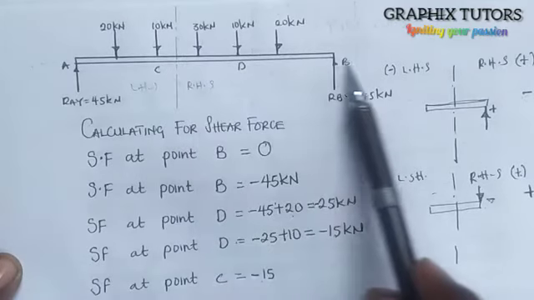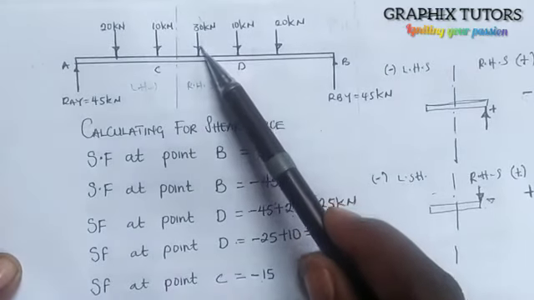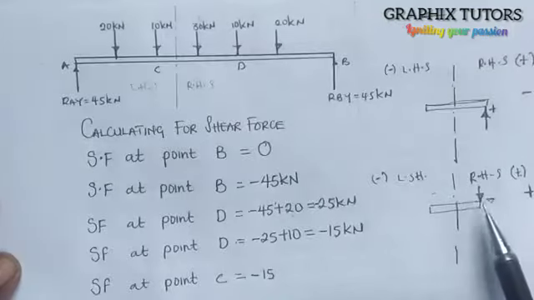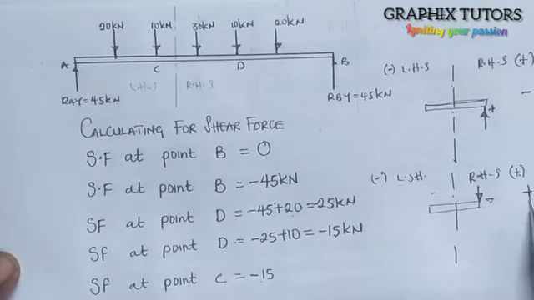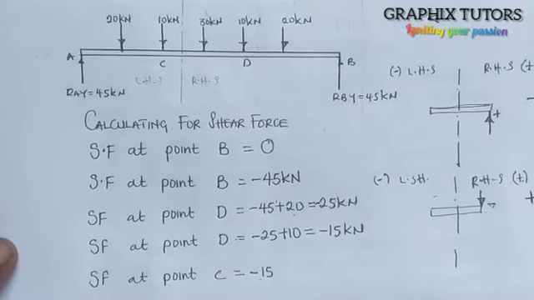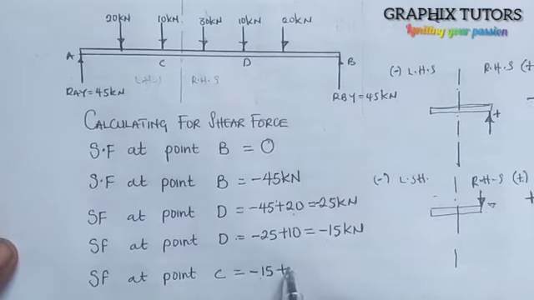And from here to the right hand side, the 30 is facing down at my right hand side. And whenever the force is facing down at the right hand side, we see the shear force is positive. So I'm going to add plus 30, because 30 is the new introduced force in it. So this will now give us 15 kilonewton.